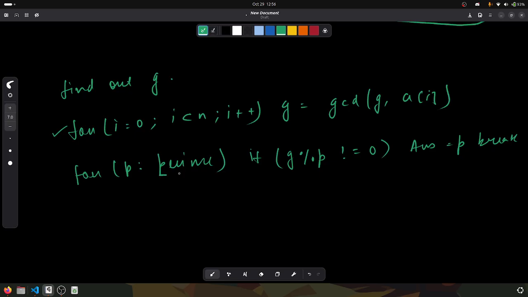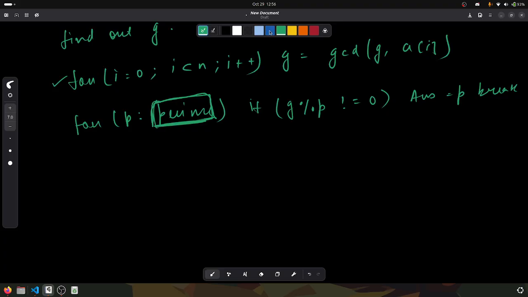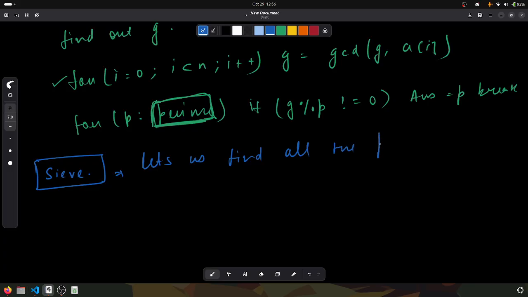Now we need to know the first few prime numbers for this, and for that we can either find them online and hard code the prime numbers, or there is an algorithm known as sieve, which lets us find all the prime numbers till n in O of n time complexity.